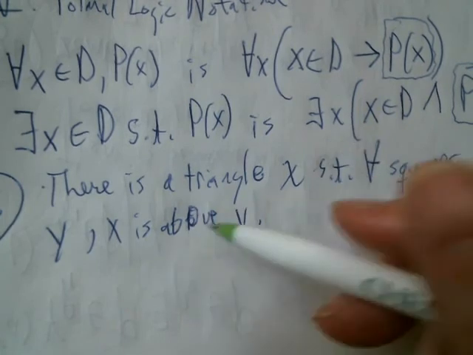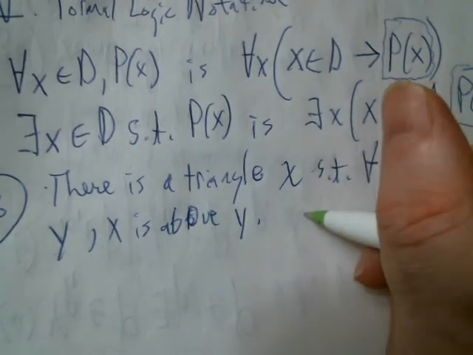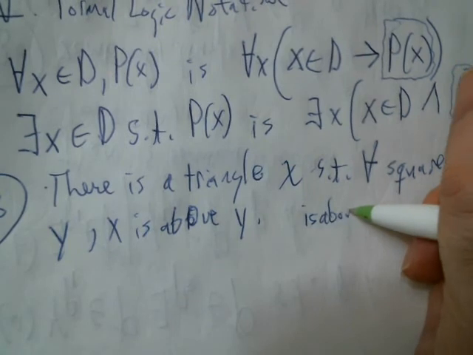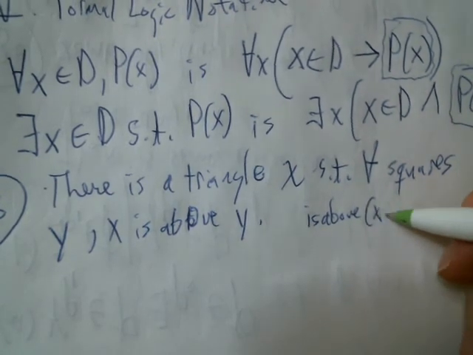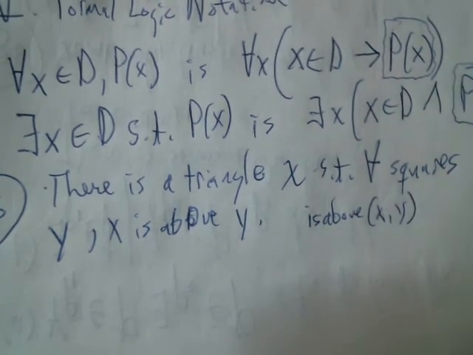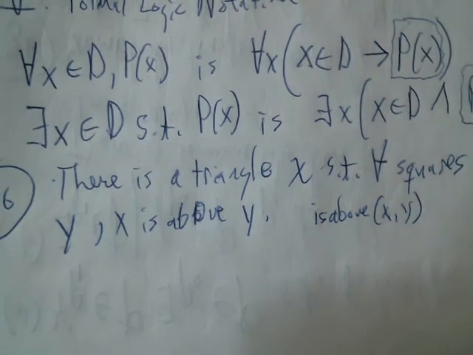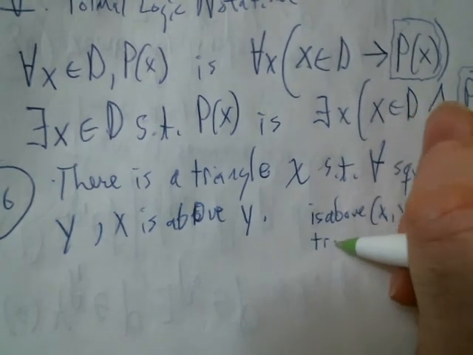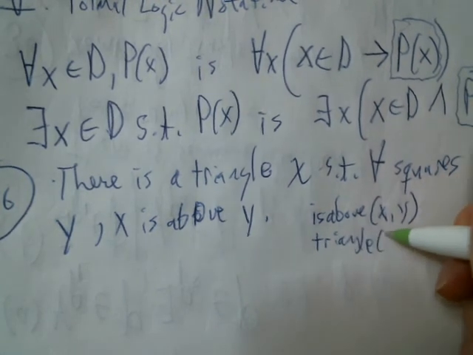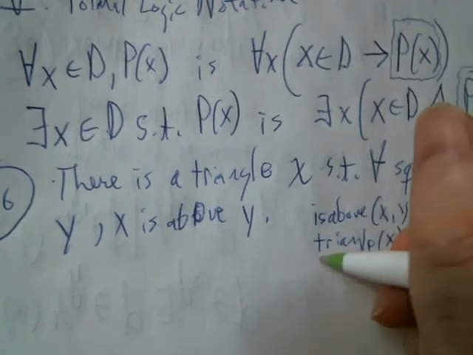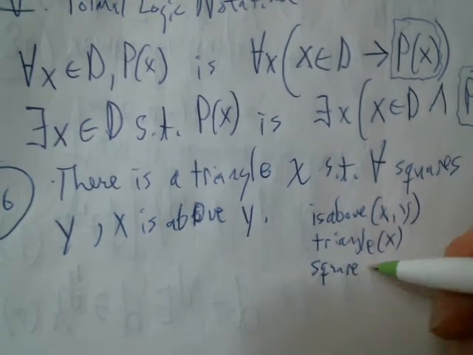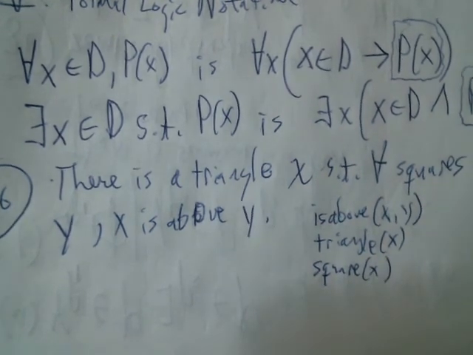So the function for x is above y is going to be is above x comma y. And then the function for it being a triangle will look like this, triangle of x, and the function for being a square. They're pretty self-explanatory, right? But they are listed in the book if you are having your mind blown right now, like what the heck is he doing? They are all in the book. Okay.